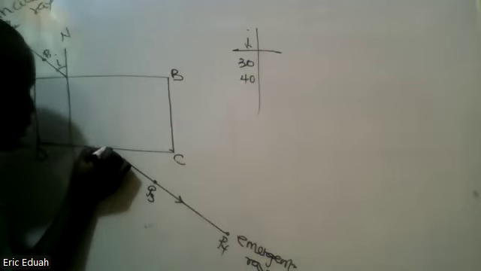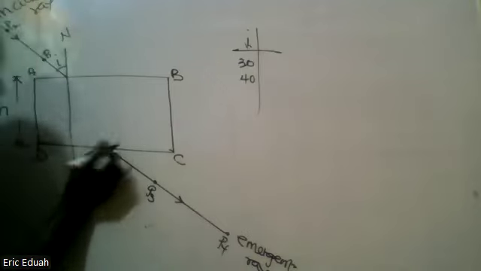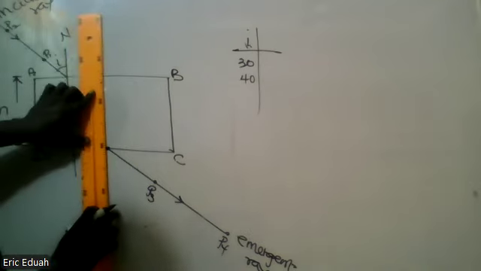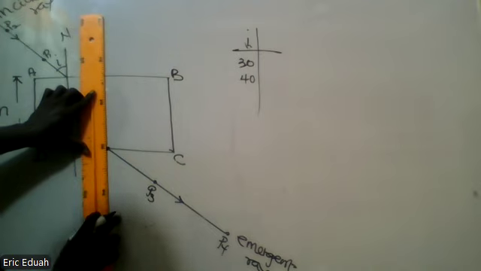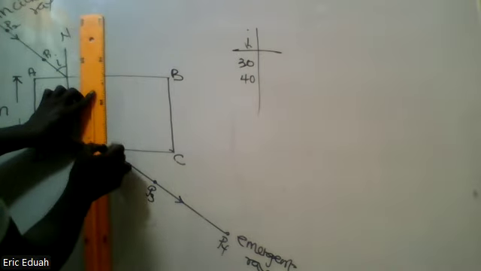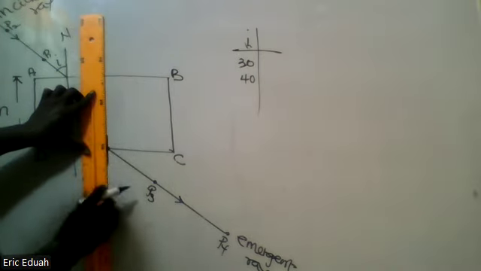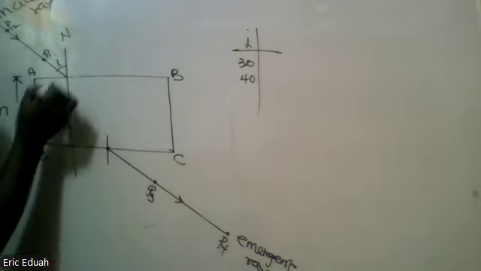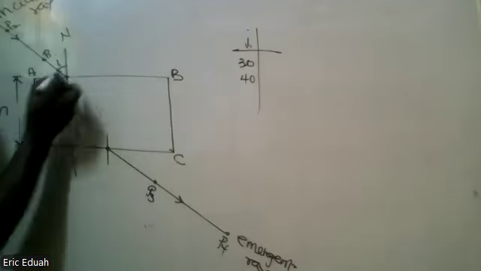Then you indicate this point, draw a normal. The normal must always be perpendicular to the horizontal boundary. Then what you do is that you join this point to this point.